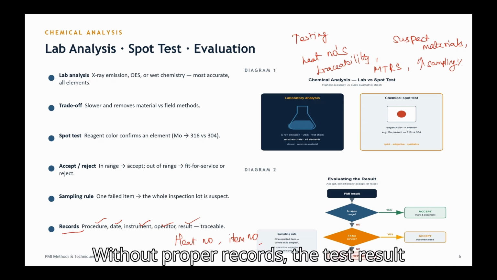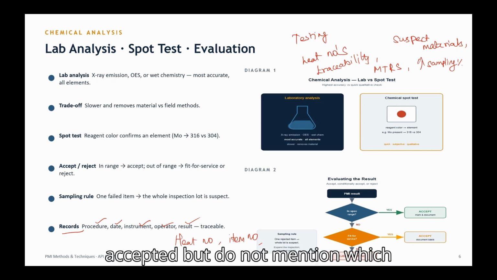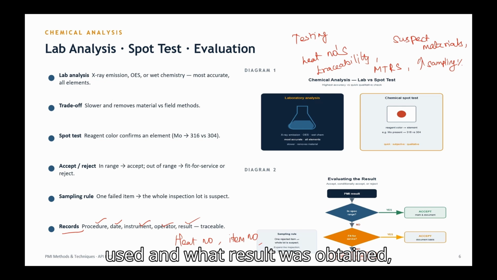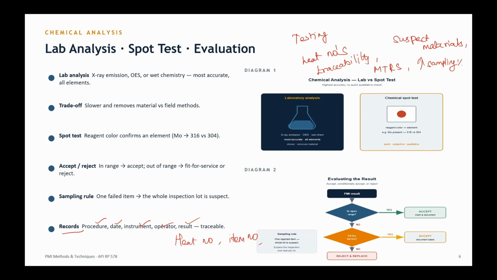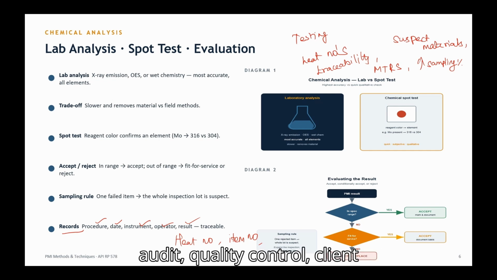Without proper records, the test result has limited value. For example, if we only say PMI accepted, but do not mention which item was tested, which instrument was used, and what result was obtained, then traceability is weak. Good documentation is essential for audit, quality control, client review, and future maintenance.